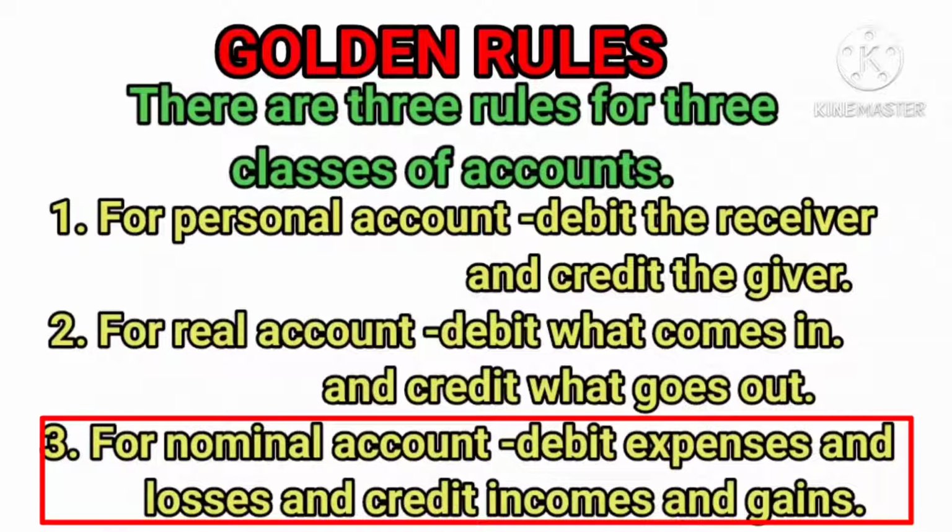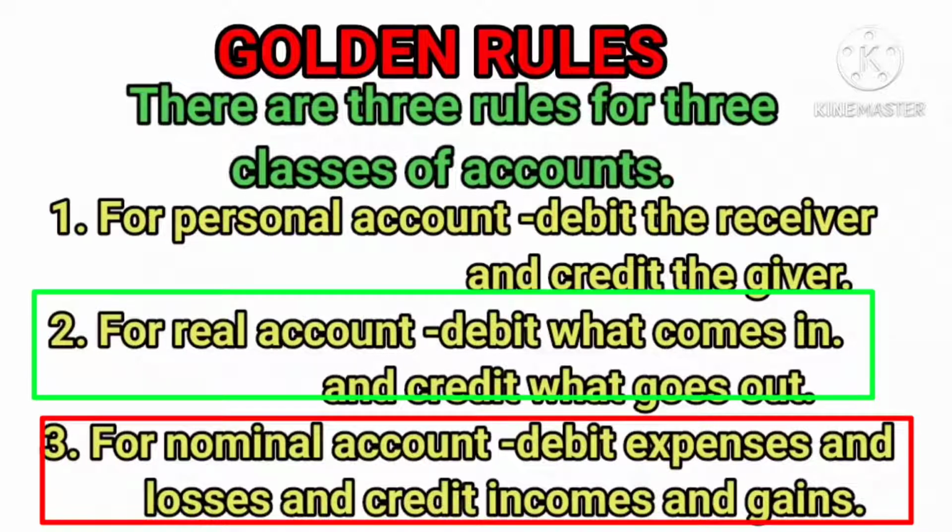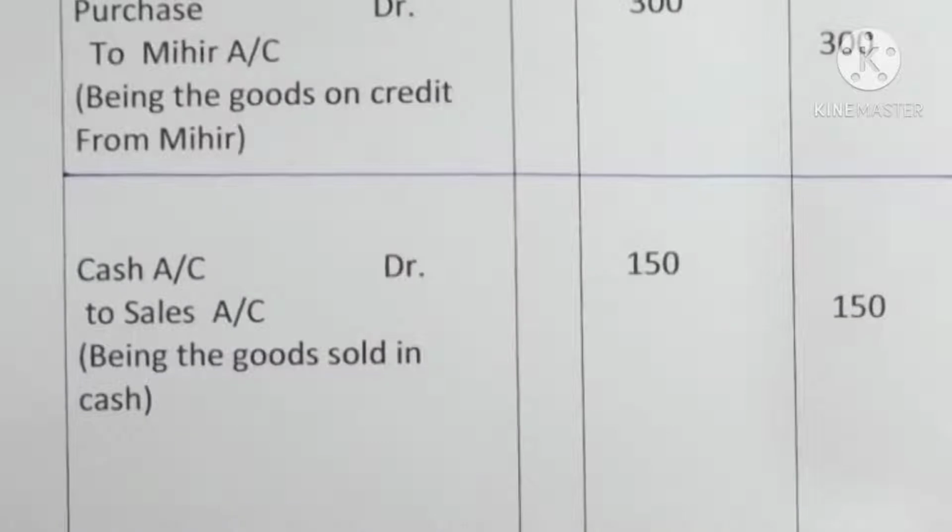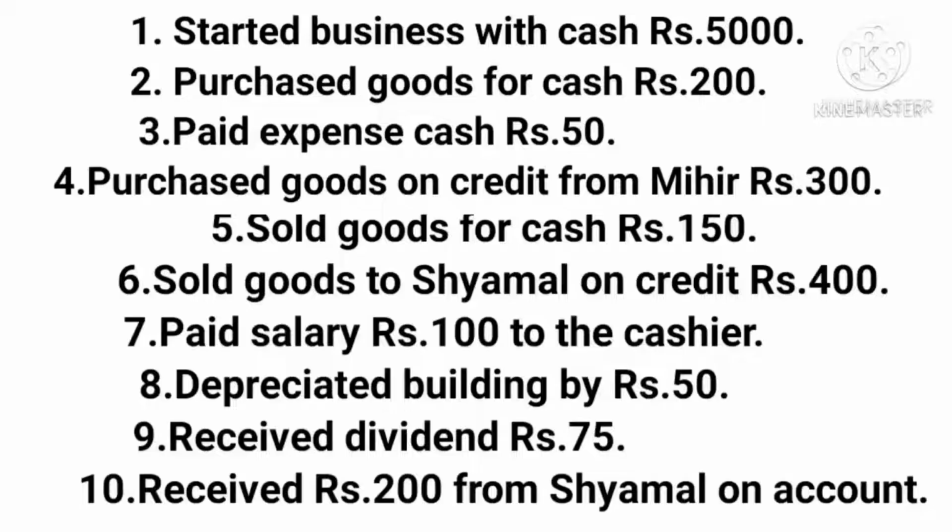So here sales account will be credited. Cash is an asset and real account. As per golden rule, cash will be debited because cash is coming in. So we write cash account debit to sales account. We write narration as being the goods sold in cash.